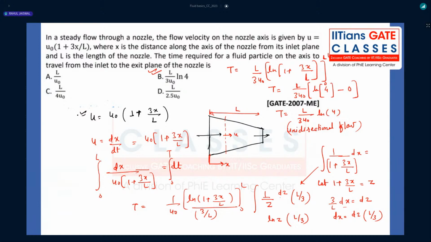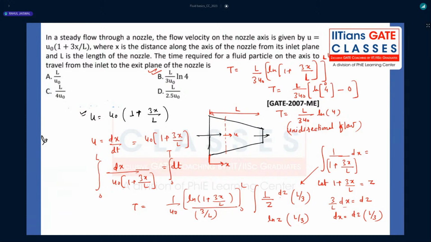Anything you are getting? Any guessing? That will be Eulerian description only, right? Yeah, correct.